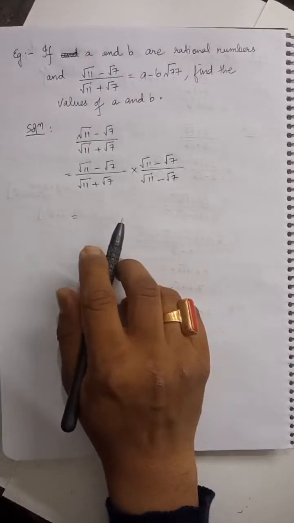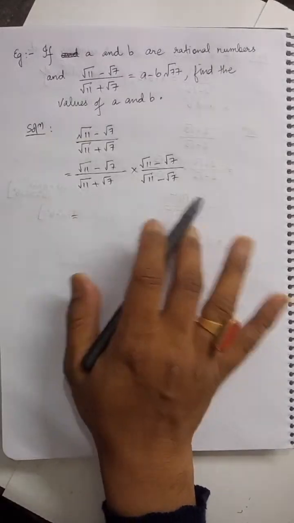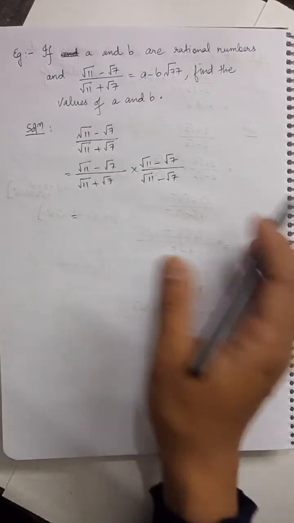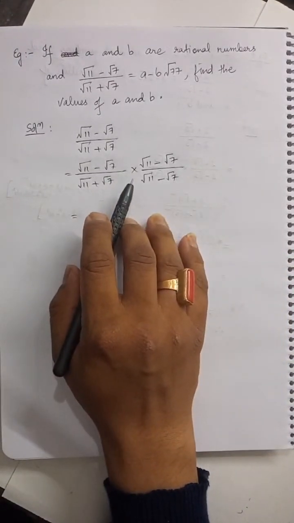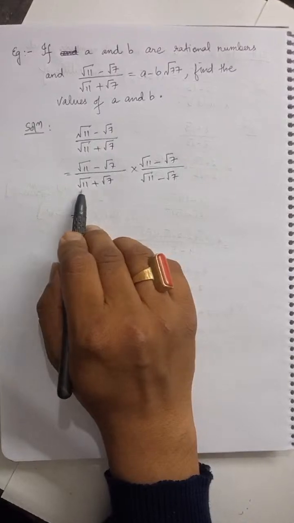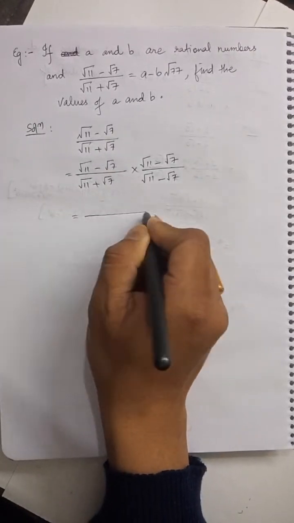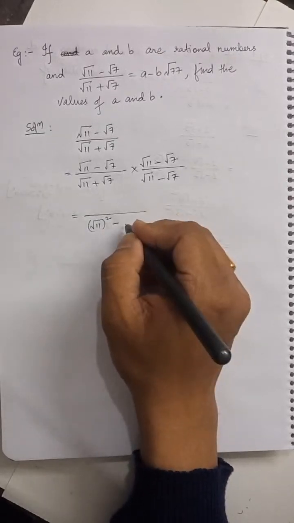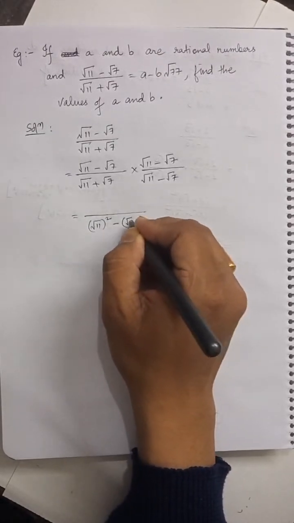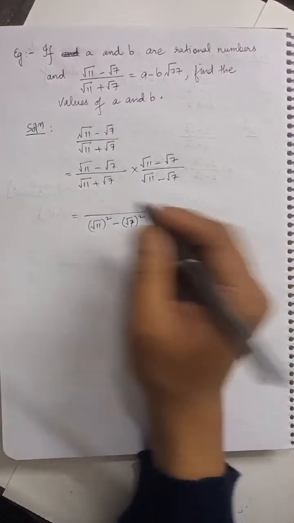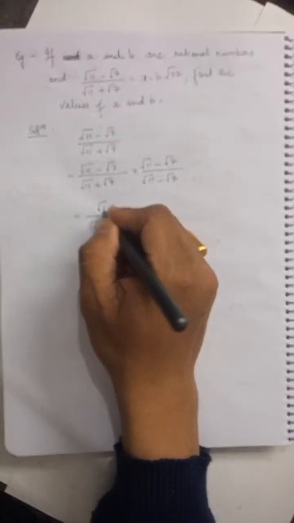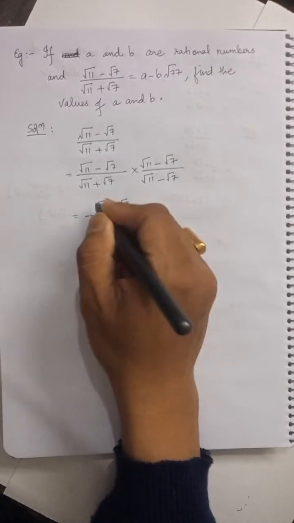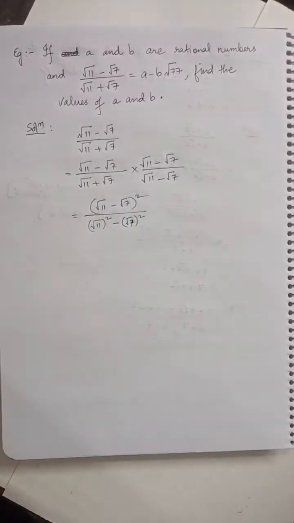Okay, so I'm not going to write the identities once again. You can just rewind the video and check what identities we have been using. So we have a plus b into a minus b, so we will have root over 11 whole square minus root over 7 whole square, and here we will have root over 11 minus root over 7 whole square.